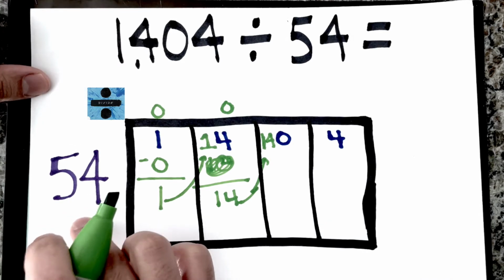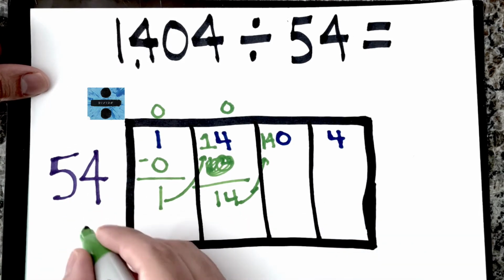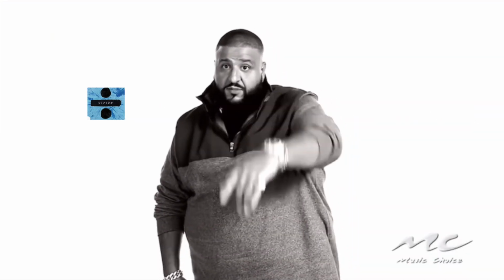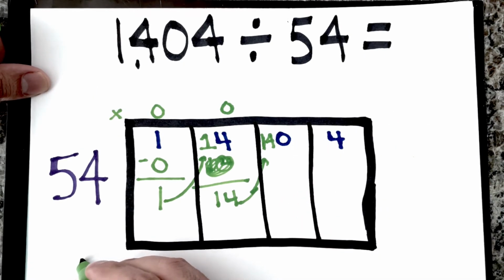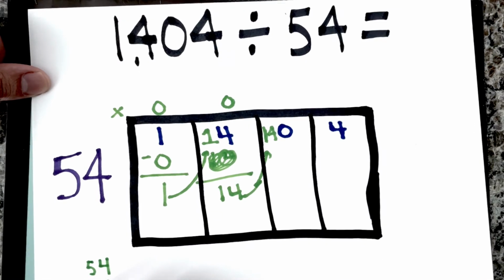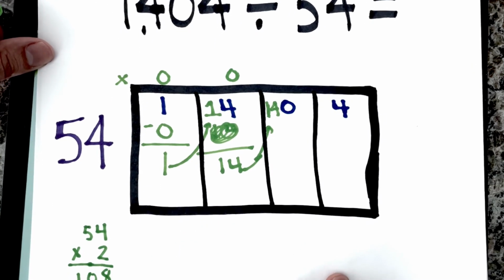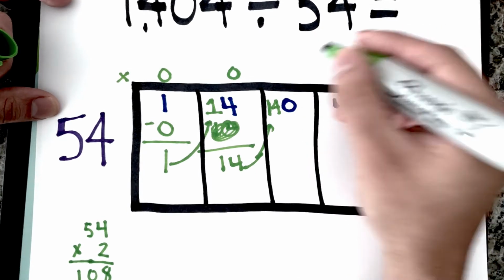I know that 50 and 50 make 100, which is kind of close to 140. So let's go 54 times 2, and I'm left with 108. That's pretty close. Somewhat close to 140 here. So let's go ahead and use the 2.